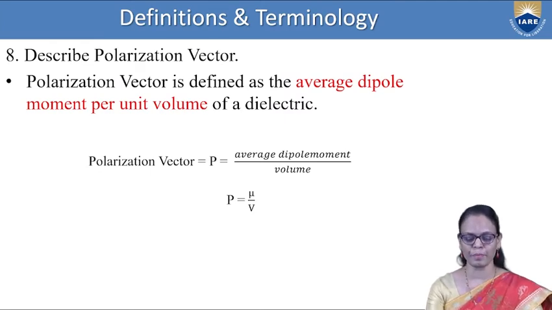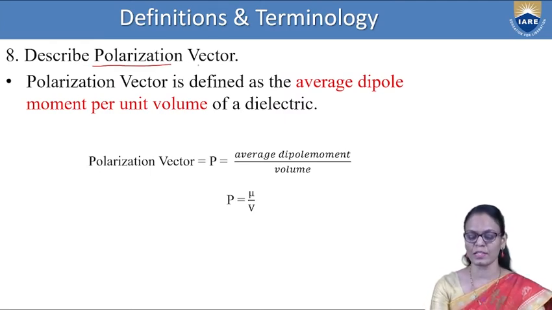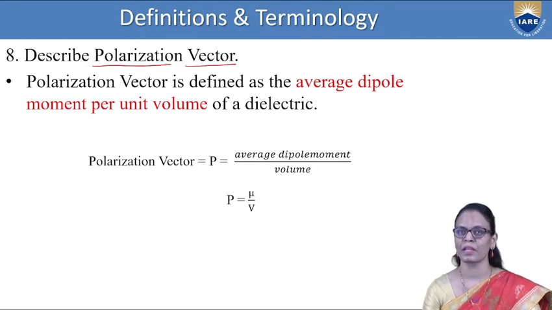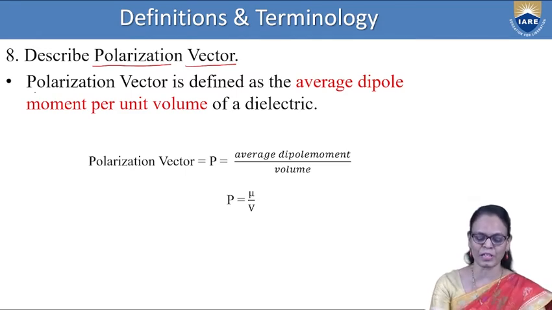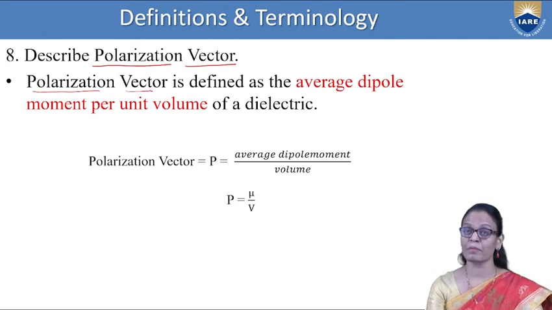Next, describe polarization vector. What is a polarization vector? It is defined as the average dipole moment per unit volume of the dielectric. P represents the polarization vector.